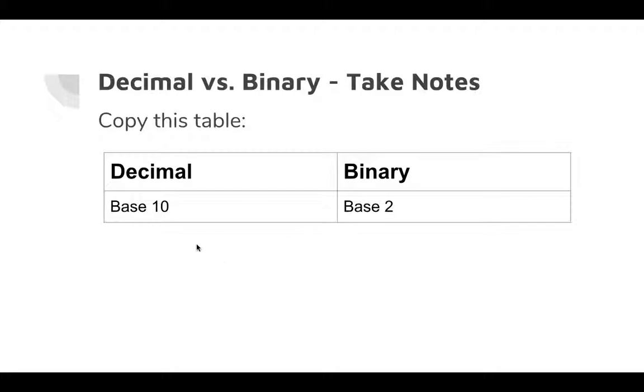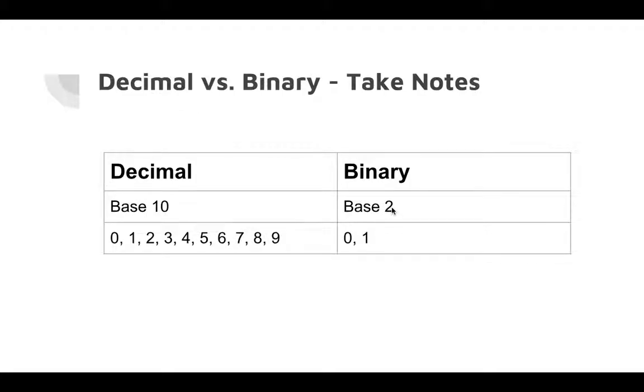Okay, so let's take a look at the difference between decimal and binary. In a decimal system, it's base 10. In a binary system, it's only base 2. In a decimal system, we can use all these numbers, 0, 1, 2, 3, 4, 5, 6, 7, 8, 9. In a binary numbering system, we can only use 0 and 1.